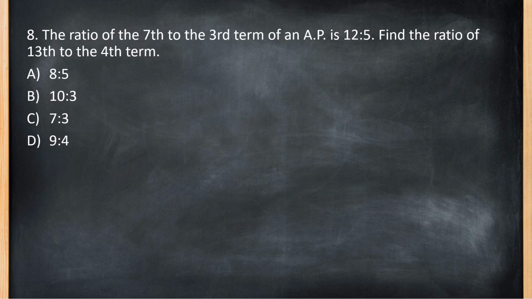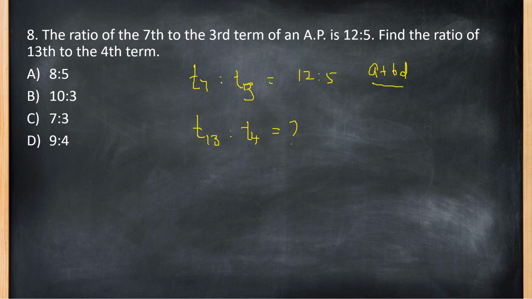Next question. So it is given that the ratio of the seventh term to the third term, T7 is to T3, is given by 12 is to 5, and we are supposed to find the ratio of the 13th term to the fourth term. Okay, this is what we need to find. I'll take this as (a plus 6d) by (a plus 2d) will be equal to 12 by 5.